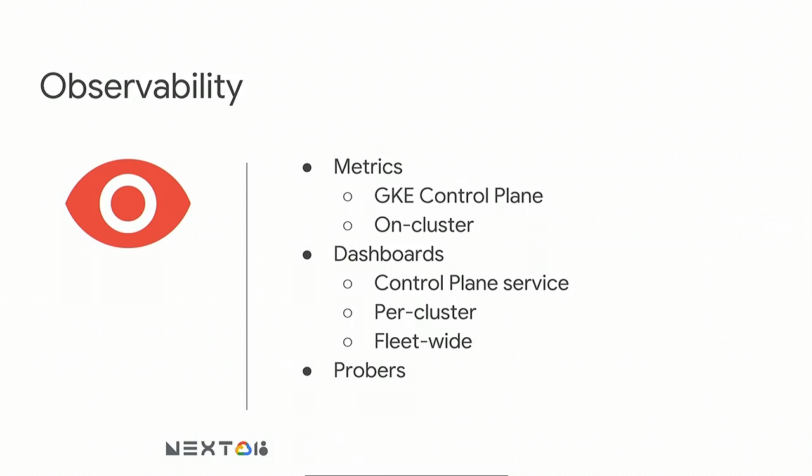But it's pretty similar to how you might use Prometheus or Grafana for metric gathering and visualization in your own clusters. And we also keep an aggregated view of this so that we can see fleet-wide differences between cloud locations and different Kubernetes versions. And finally, we have some probers running outside of Google Cloud Platform that are constantly creating and deleting clusters. So this helps to give us a critical black box view into what a user would see.